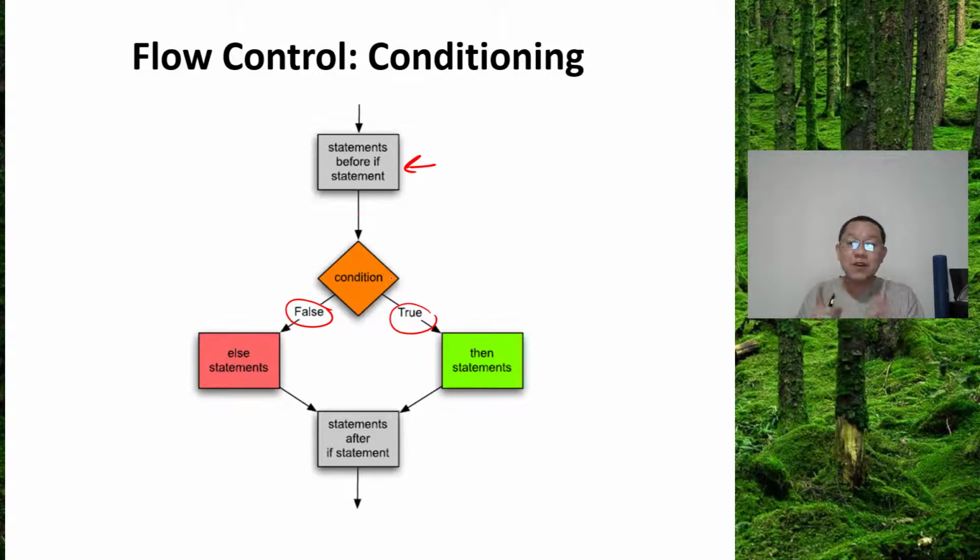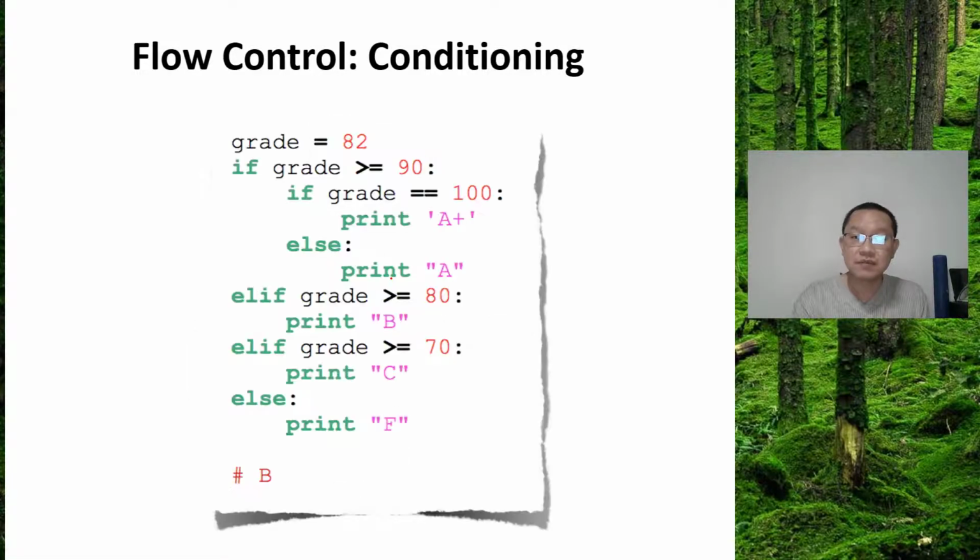Conditioning is for the program to make decisions, or for you to tell the program what to do. This is an example. We give the value of 82 to a variable named grade, and we use an if statement.